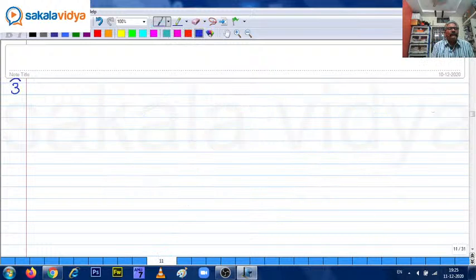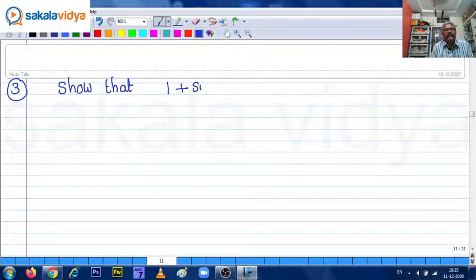So third question. Show that 1 plus sin theta upon 1 minus sin theta equals to sec theta plus tan theta whole square.